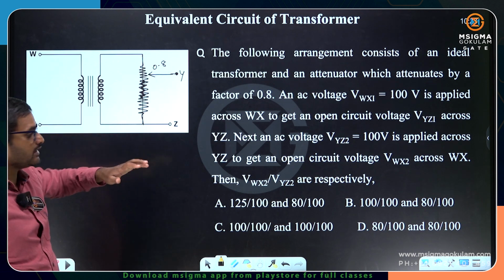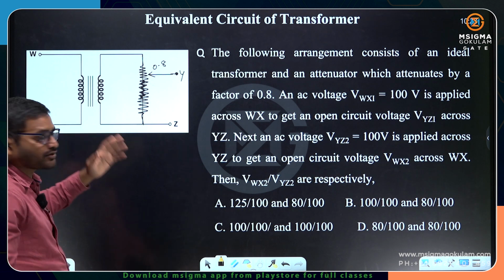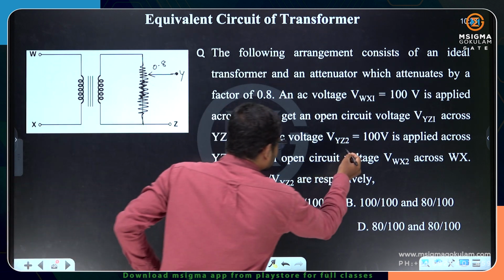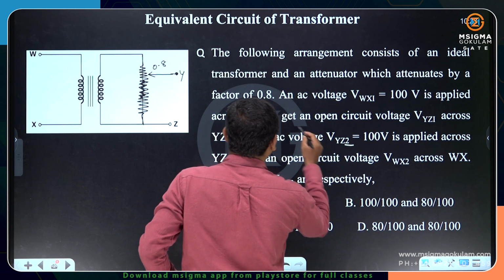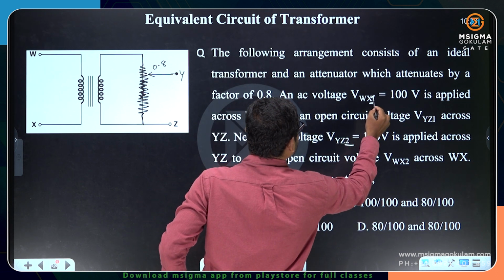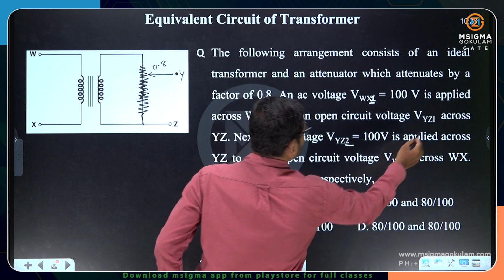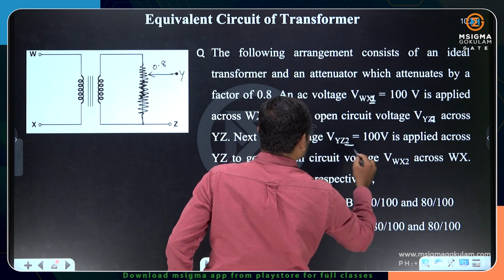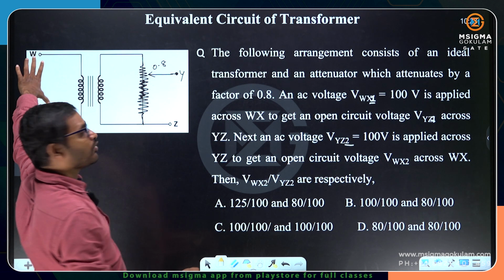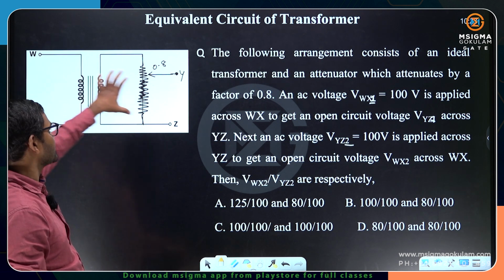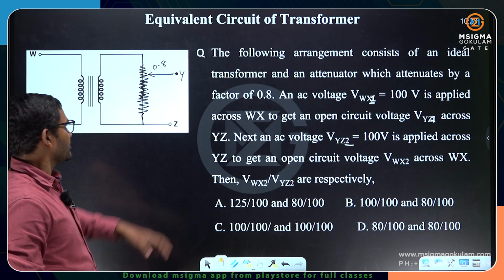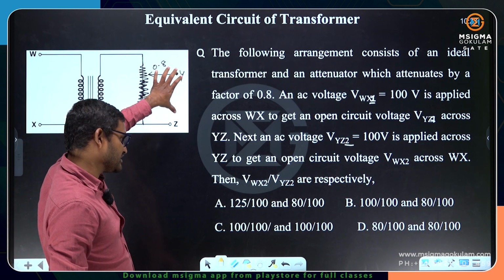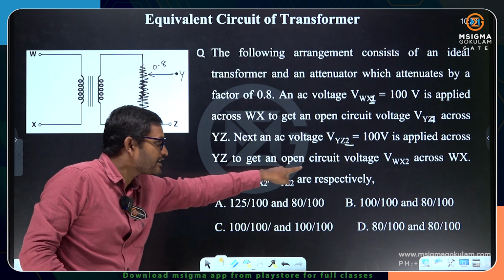Next, an AC voltage of VYZ2 in the second instant. 2 is nothing but the second instant, 1 is nothing but the first case. In the first case, the voltage is applied across WX terminals. In the second case, the voltage is applied across YZ terminals. So he has applied voltage across YZ terminals to get an open circuit voltage.